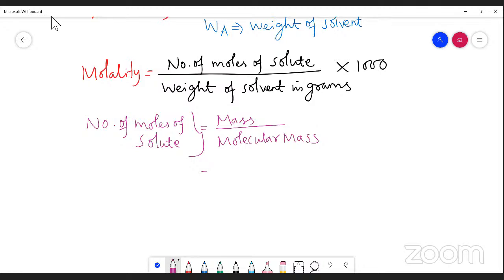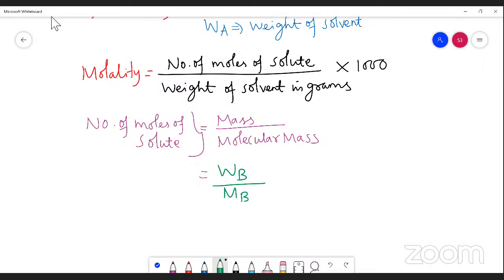The mass of the solute is WB, because that much weight only I have taken for general consideration. The molecular mass of the solute I am taking as MB, because M denotes the molecular mass; A is for solvent, B for solute. So the mass is WB and the molecular mass is MB. Now your number of moles is ready.